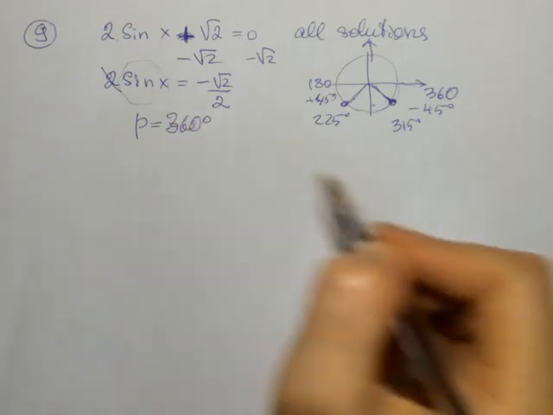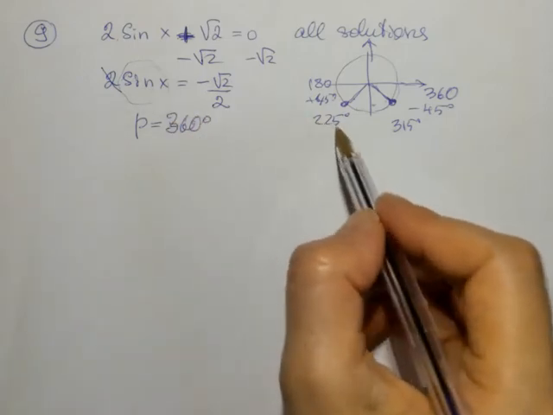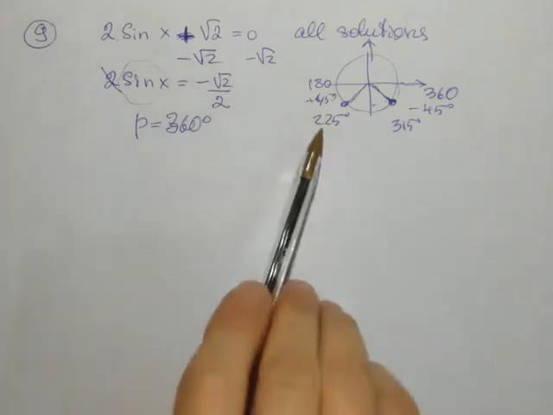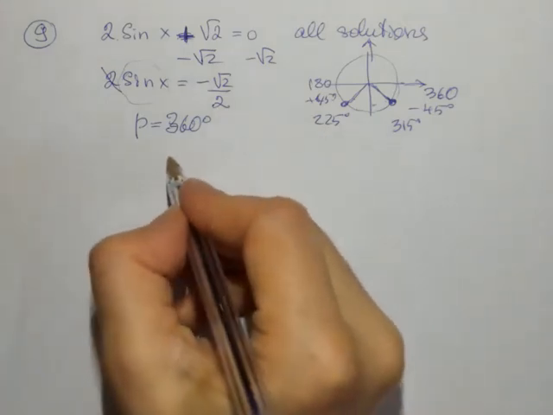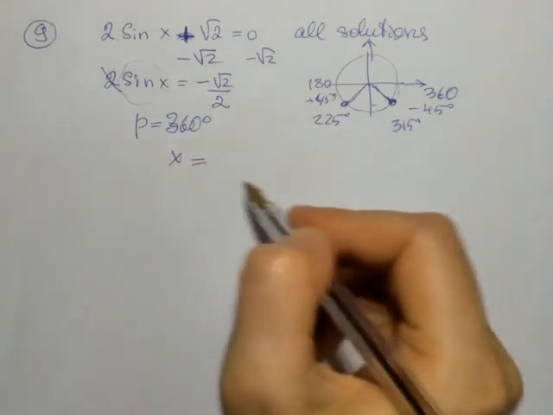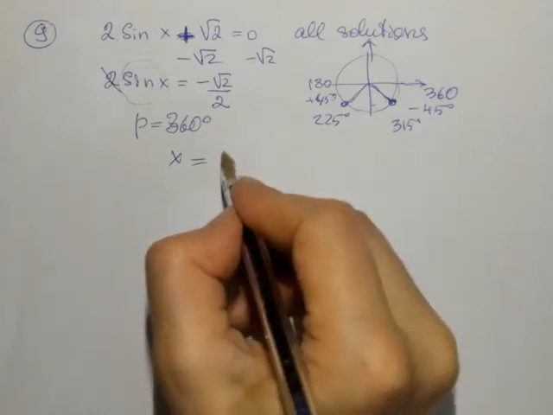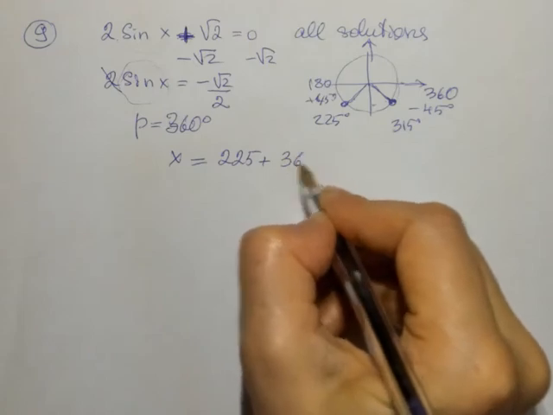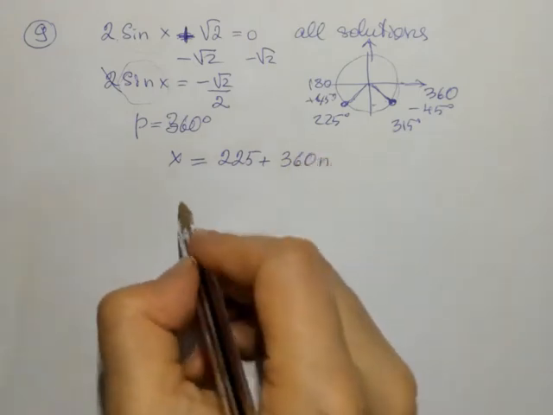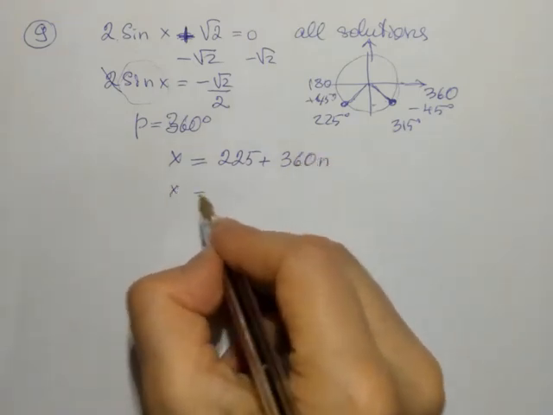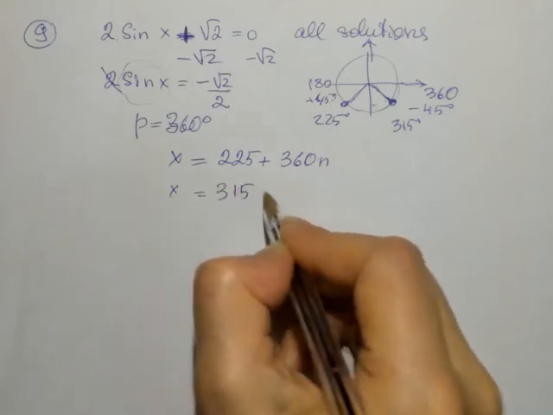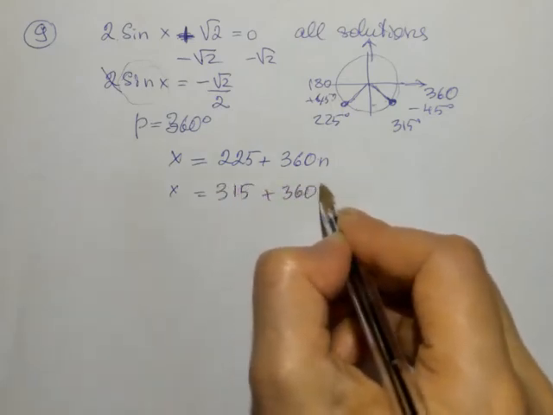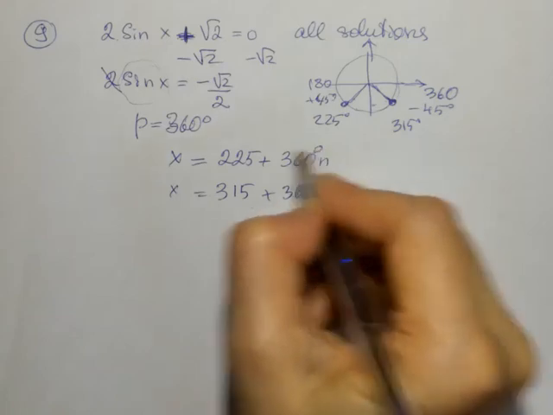Sine is a periodic function with the period 360 degrees. So we can add 360 times n to each of these solutions. So we get two series of solutions. 225 plus 360 times n and 315 plus 360 times n.